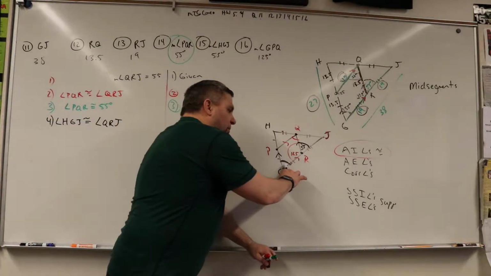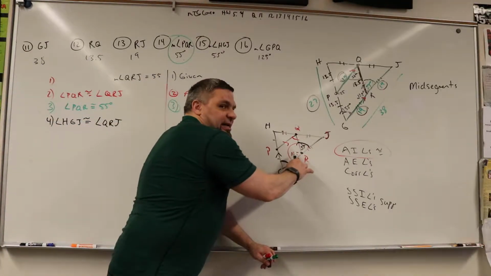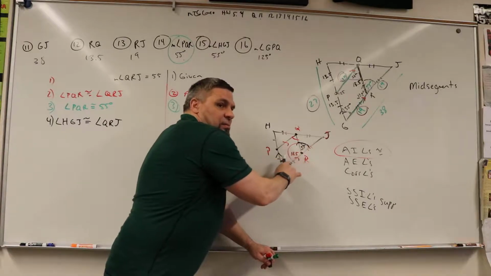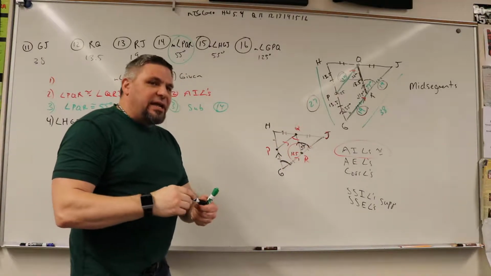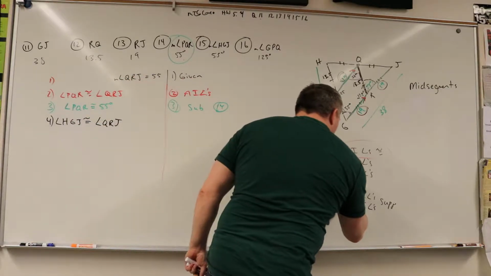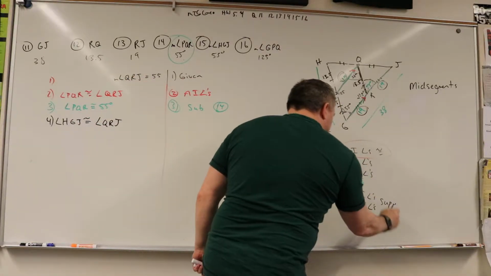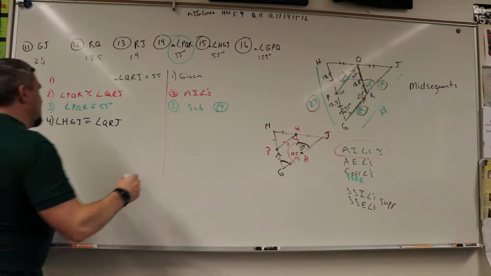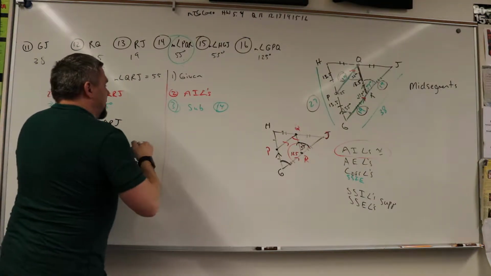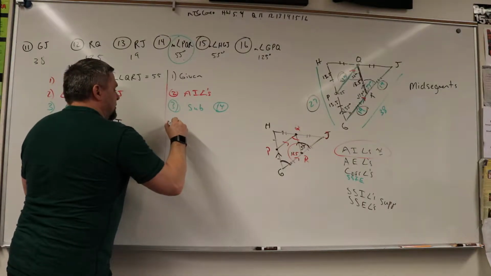One's inside, one's outside. They're on the same side. What is it called when we say same side, interior, exterior? Corresponding. Okay? So, these are what we call corresponding angles.